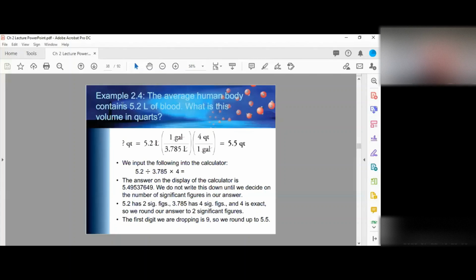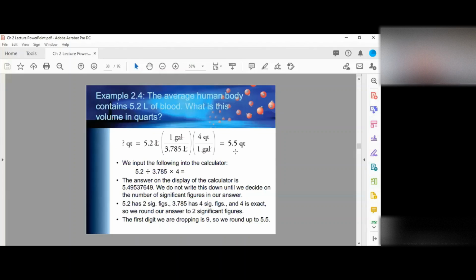The only measured value here is 5.2, because 1 gallon equals 3.785 liter is an exact, and 1 gallon equals 4 quarts. That's also an exact. That means my final answer has to be equal to the measured value that I started with. So I have a 2 sig fig. My final answer has to be also 2 sig fig.